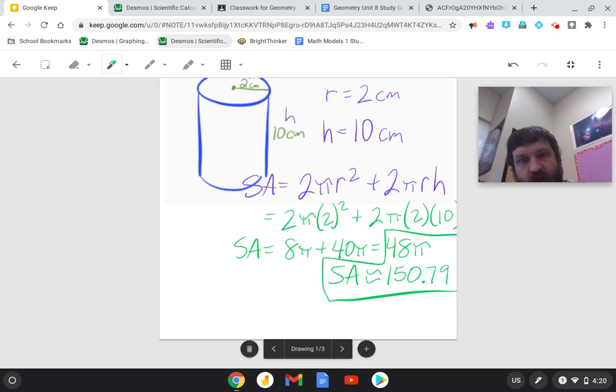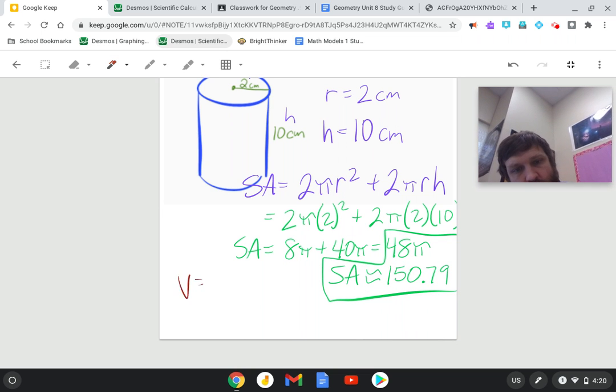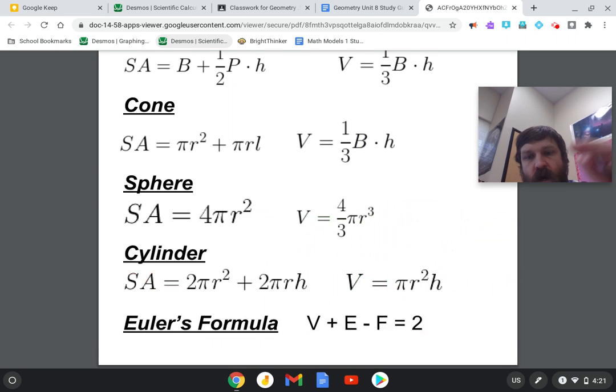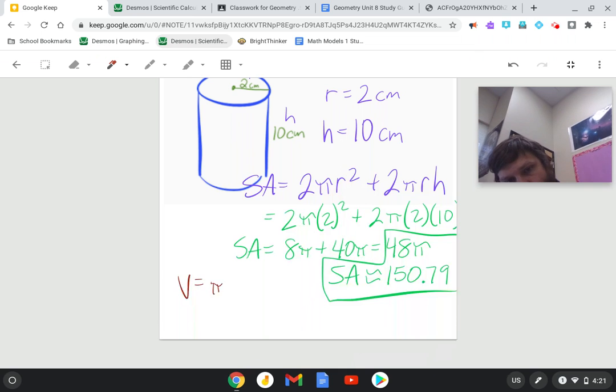And then lastly, the volume formula is pi r squared h. Pi r squared h, which in this case is pi 2 squared times 10. 2 squared is 4 times 10 is 40 pi.